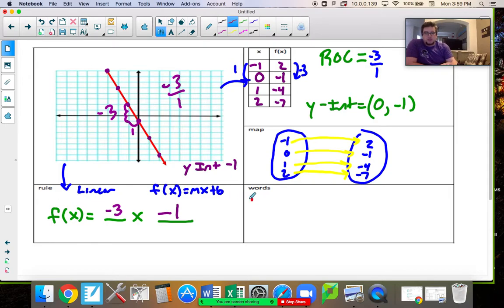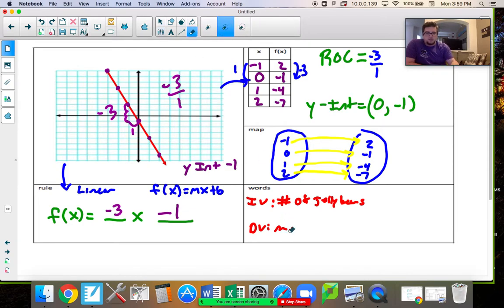Once again, IV and DV. Again, this could be any 2 variables that you want. So let's go, number of jelly beans. I'm going to tell you guys about the jelly bean fiasco in about 2 days. Number of jelly beans. And we're going to have the dependent variable on our mile time. Let's not do mile time. That's not going to make too much sense in a story problem.